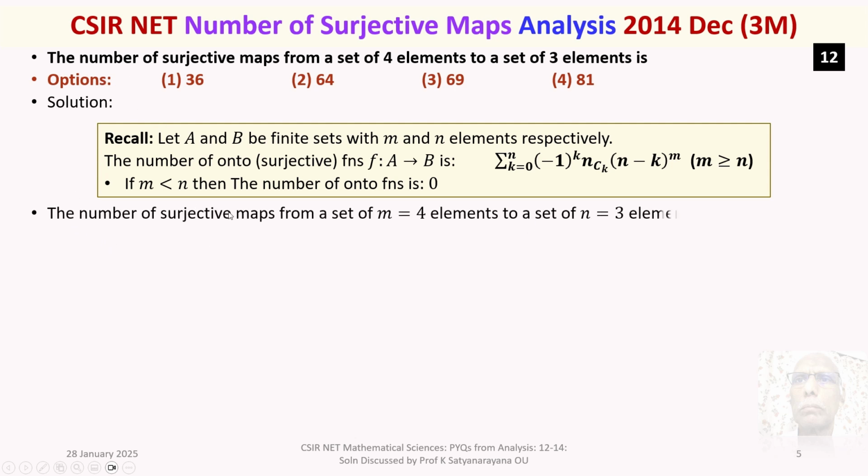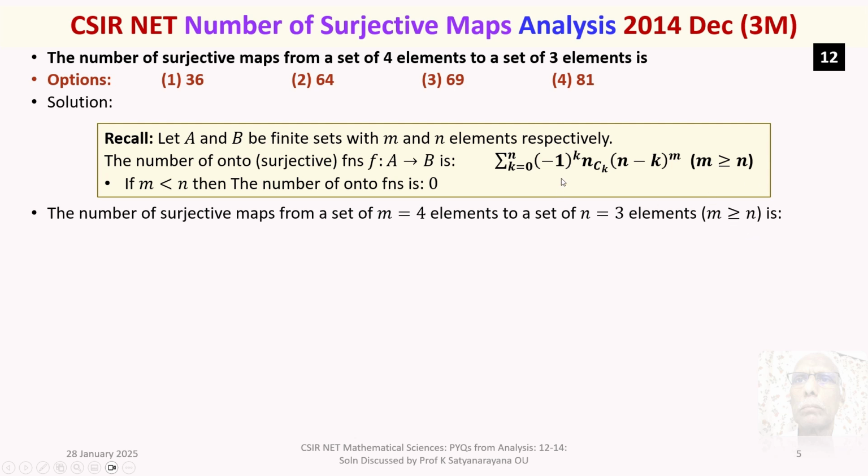The number of surjective maps from a set of m equal to 4 elements to a set of n equal to 3. Observe that m is 4, n is 3, m greater than or equal to n.